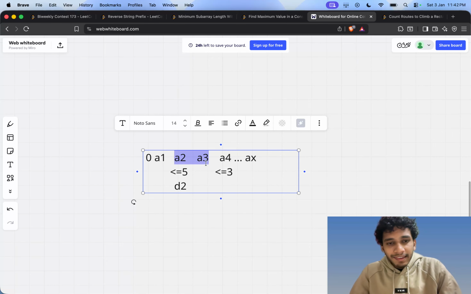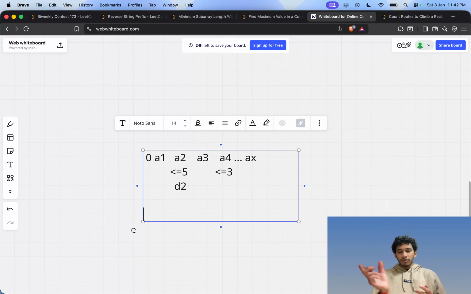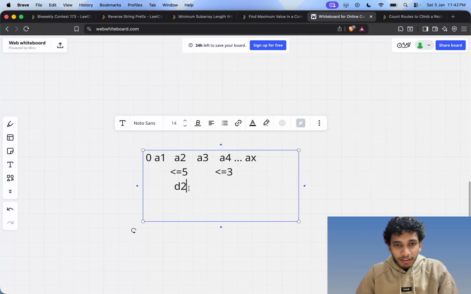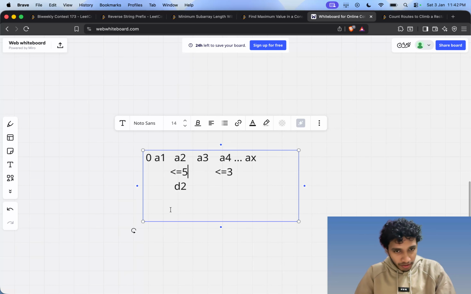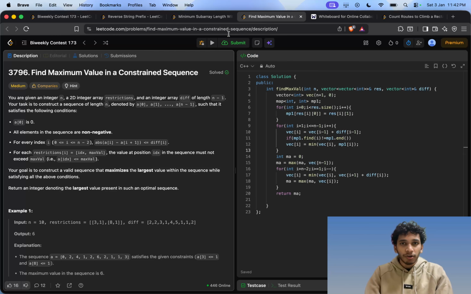So let's analyze this problem. How many constraints do we have? Two constraints. One constraint is that the value should be smaller than or equal to the difference array entry, and the second constraint is the restriction constraint. And what do we want? We want the maximum value possible.